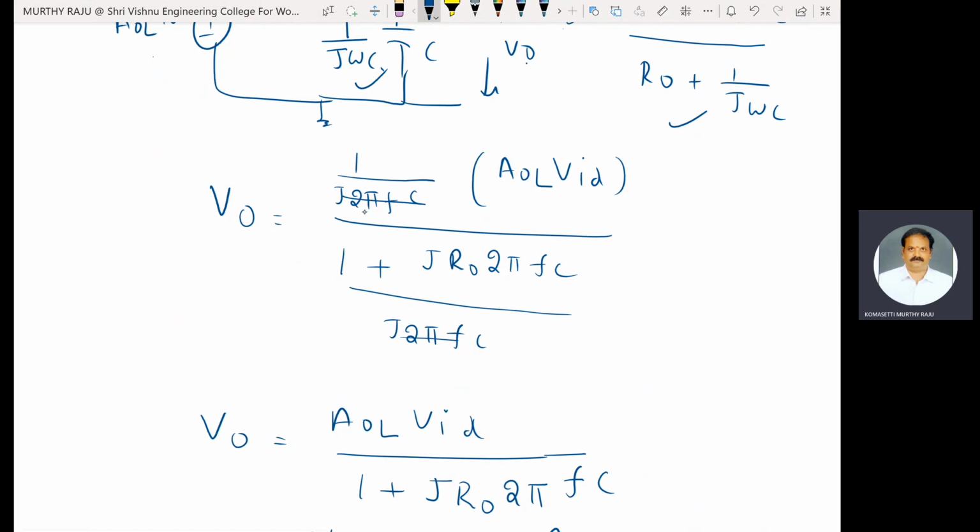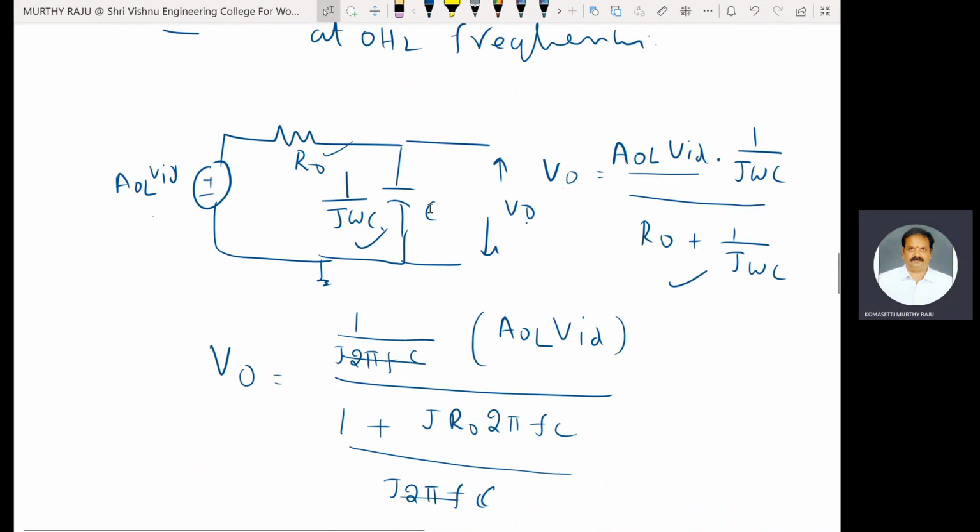V0 is equal to j 2 pi f C into AOL VID, divided by 1 plus j R0 2 pi f C, times j 2 pi f C. Here omega is replaced by 2 pi f.